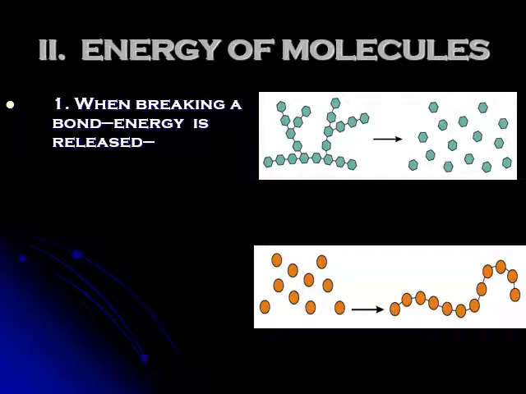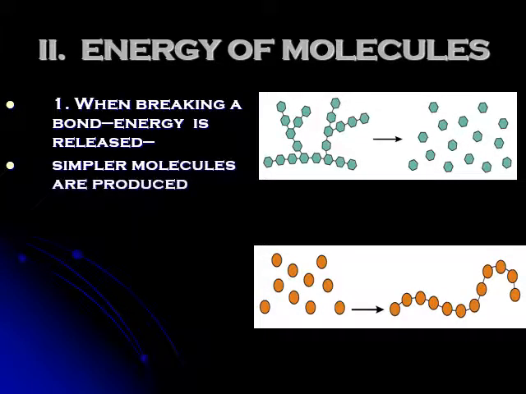So when breaking a bond, energy is going to be released, just like snapping the glow stick releases the light. This is going to produce simpler molecules. So when you have very complex molecules, such as a long chain carbohydrate that you're eating in your bread, that has lots of energy on the inside of it that can be released when it goes inside your body.